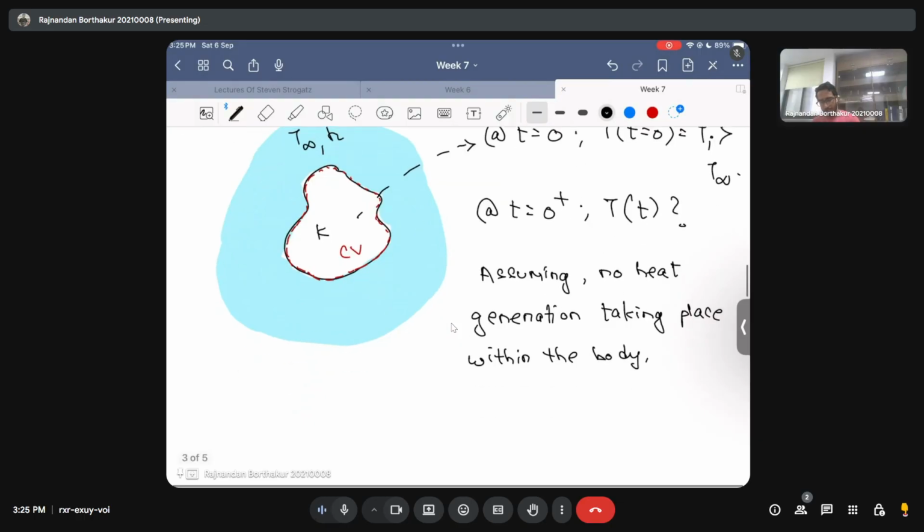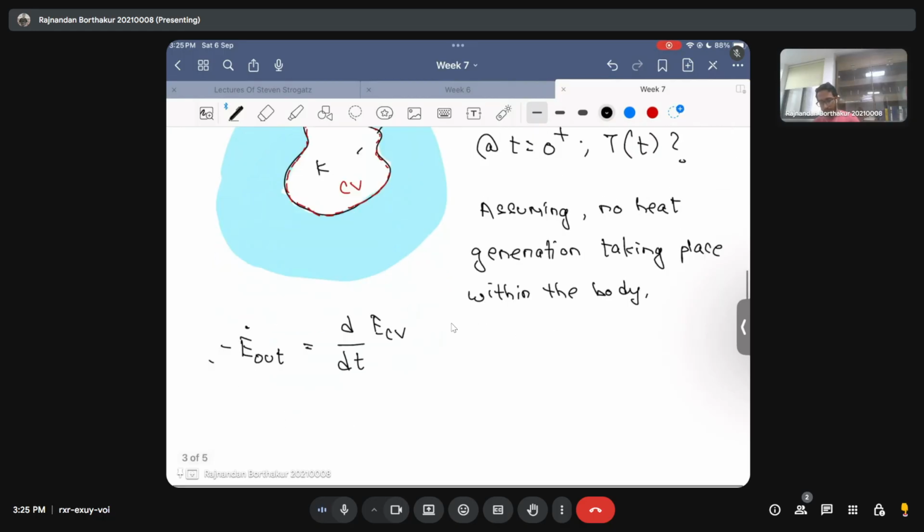Your E dot out, or the heat that is going out, is equal to the rate at which the energy is changing inside the control volume. So that just becomes dE_CV/dt.